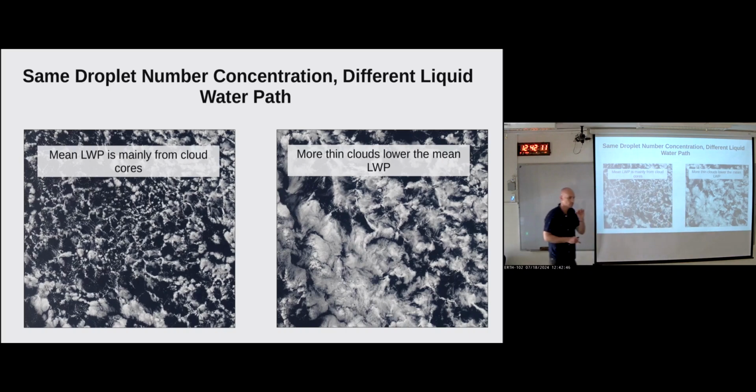They don't have much cloud water. So same regime, but different liquid water path. The only difference between these is the liquid water path and also the albedo to some extent. But here I want to show that the weighted mean, the way we average the cloud properties within a scene, if we have more thin clouds, it will affect the average, the spatial mean.